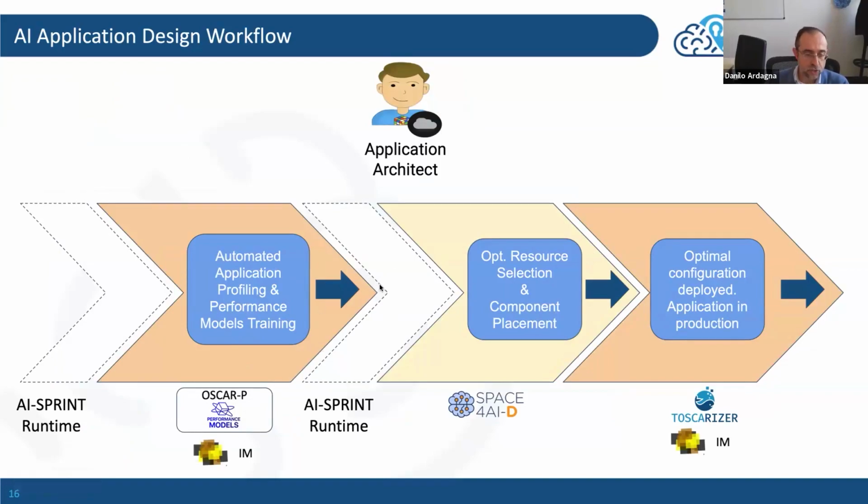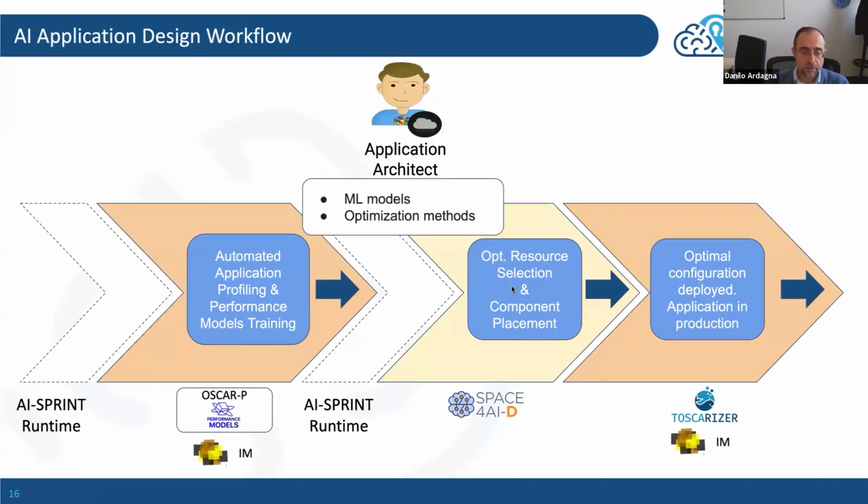And whenever we have these machine learning models that allow us to predict the performance of our application on a given configuration, we have SPACE4AI-D tools that run an automatic design space exploration, where we can really identify the configuration of minimum cost that also provides performance guarantees. And finally, at this stage, we are able to automate the deployment of the application into production with performance guarantees.